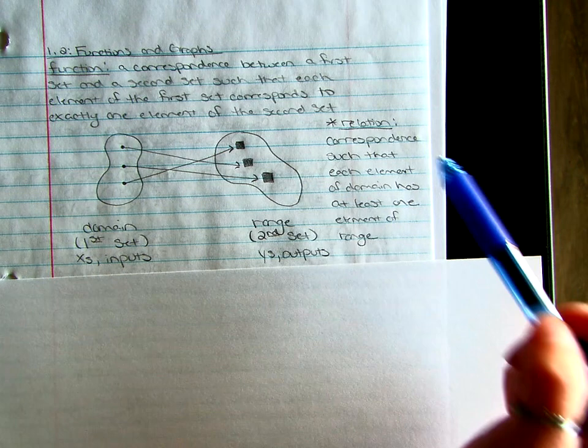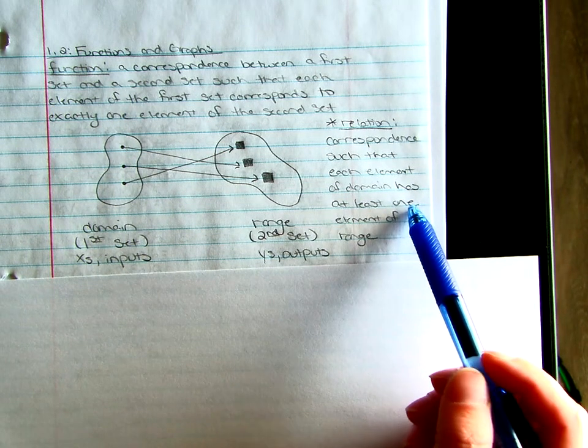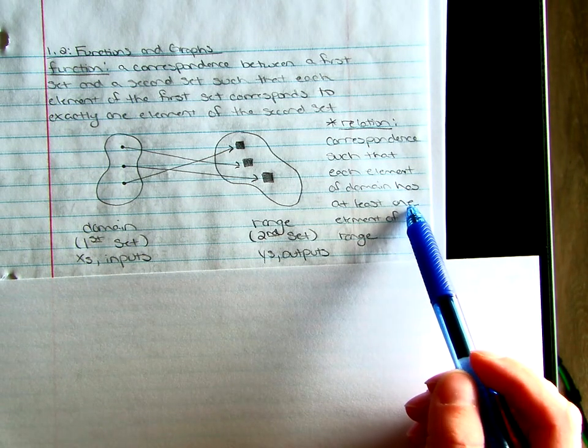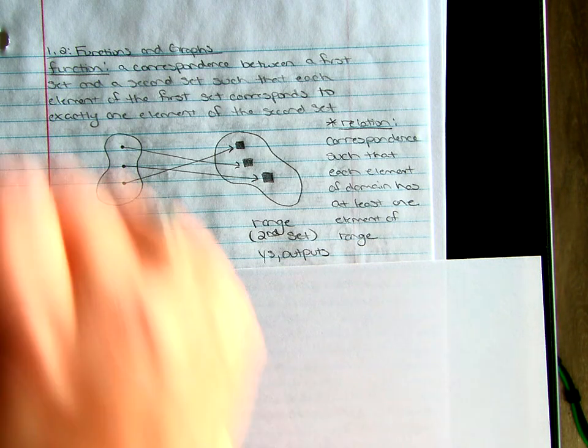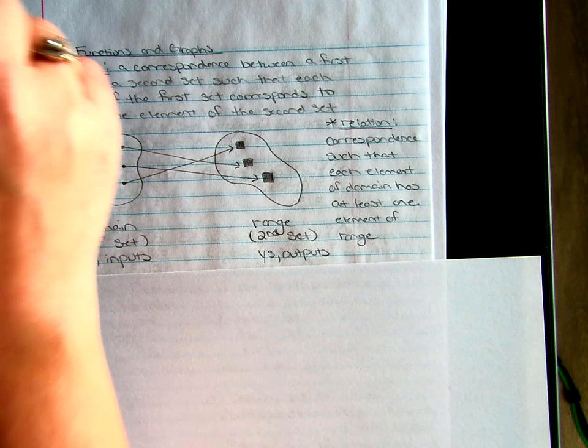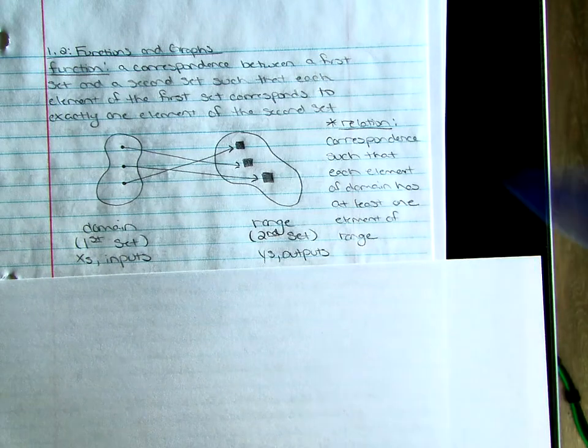A relation says at least. So there is a difference. All functions are relations, but not all relations are functions. Okay? All M&Ms are candy, but not all candy are M&Ms. See how that works? So a function is a more specific type or subset of relation.